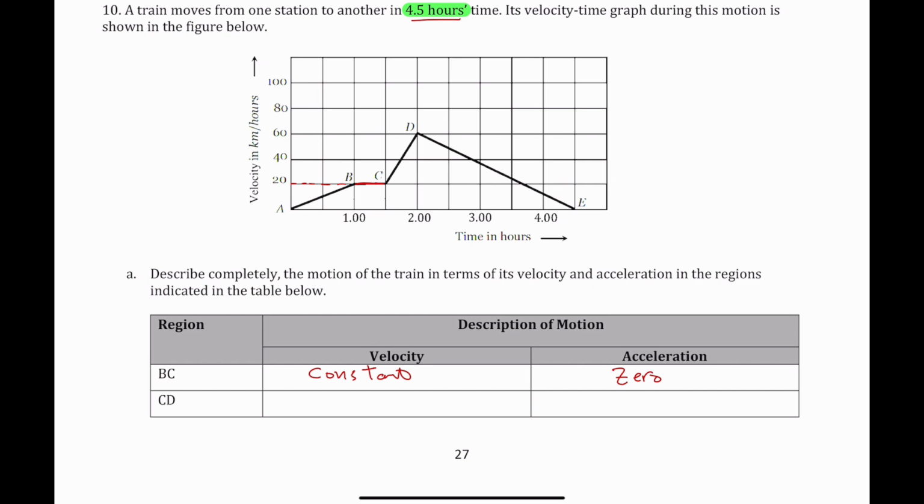CD, which is this line in blue, has increasing velocity, or positive velocity, increasing.